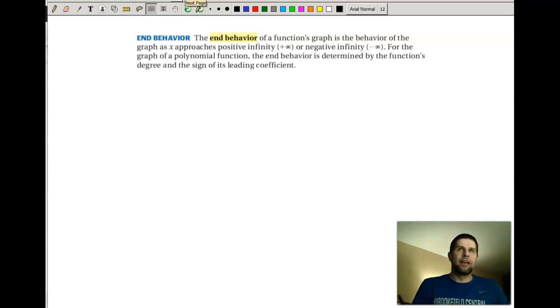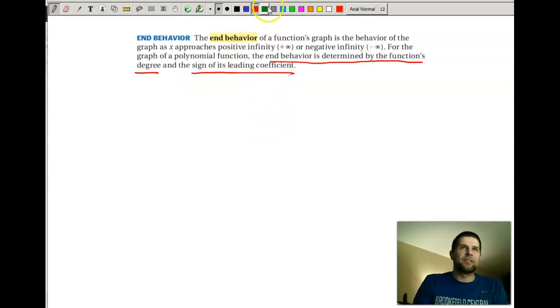And again, this is important right here. The end behavior is determined completely by a function's degree and the sign of the leading coefficient. That's basically everything. The degree of the polynomial and whatever the leading coefficient is going to completely determine the end behavior.